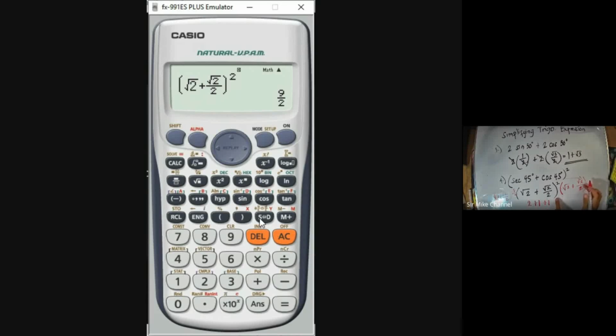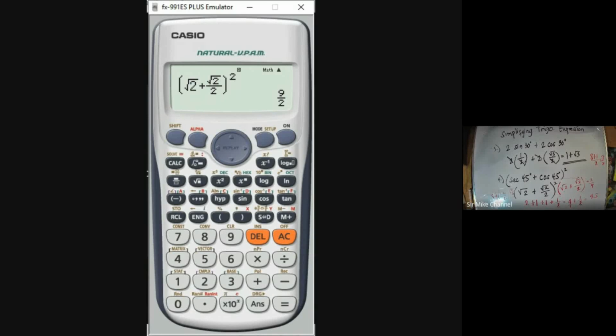And this one, multiply natin, 2 over 4, 1 half. Add natin, so 4 plus 1 half, 8 plus 1. So, 9 over 2. Ayan.